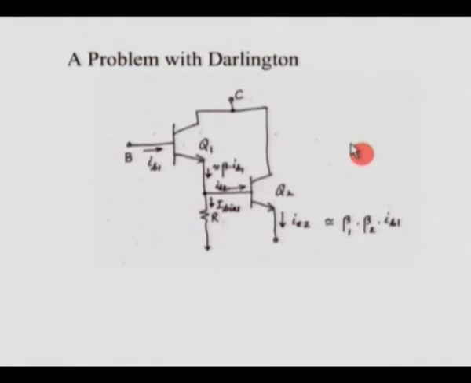Now, when we use a Darlington configuration, we need to keep a few things in mind. One very important thing is to see about the beta of the individual transistors. We assume that if you make a Darlington configuration, the compound device would have a beta of beta 1 times beta 2. Now, we know from our study of BJTs that the current gain beta is a function of the collector current.